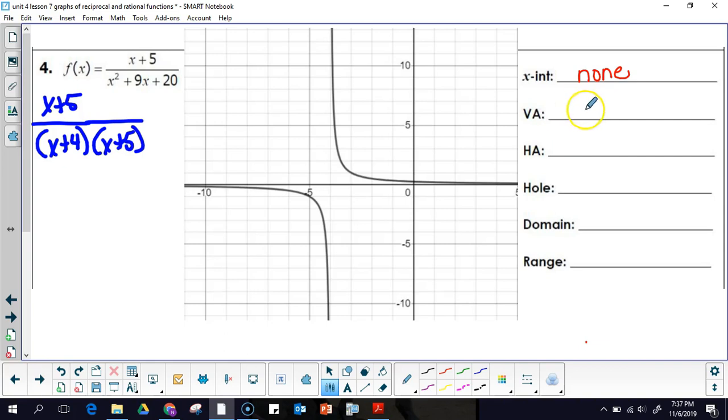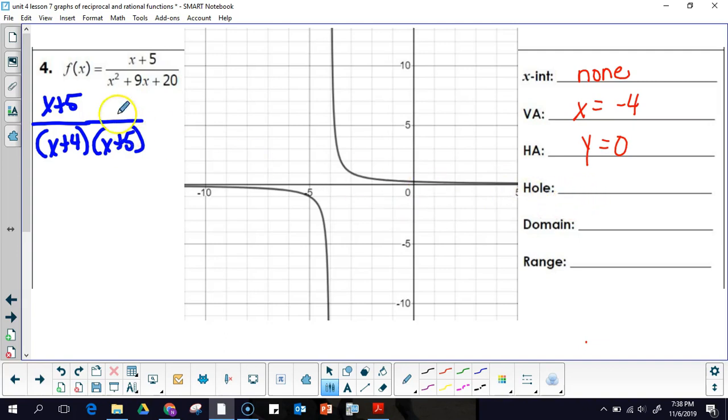Vertical asymptote at x equals -4. Horizontal asymptote at y equals 0. It does have a hole, and the way we know, again, is because x plus 5 is the same factor in the numerator and denominator. So that means it does have a hole.